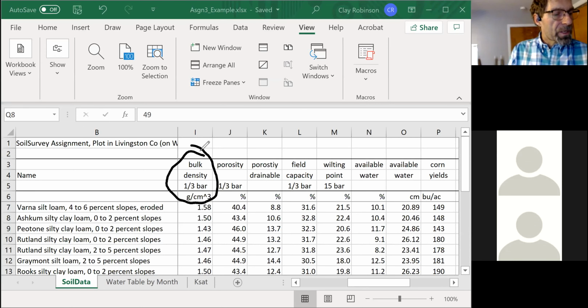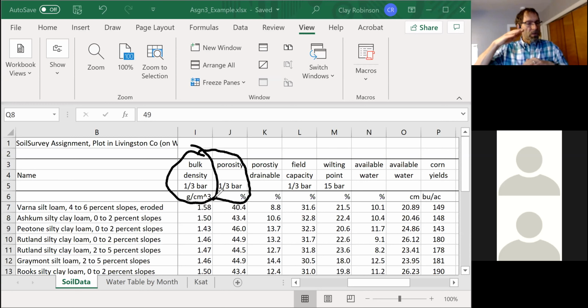Now these bulk densities are relatively high, but they probably represent a soil profile. And even though they're relatively high compared to what you would find in the surface, they're not uncommon for what you would find at, say, 50 centimeters and below, or 18, 20 inches and deeper. The bulk densities are typically higher.